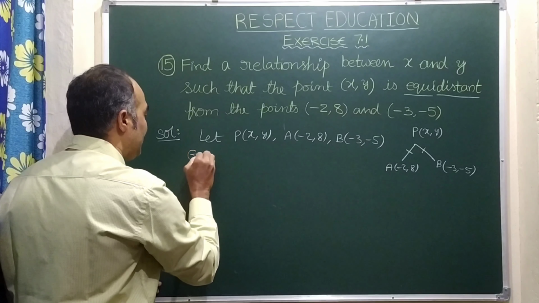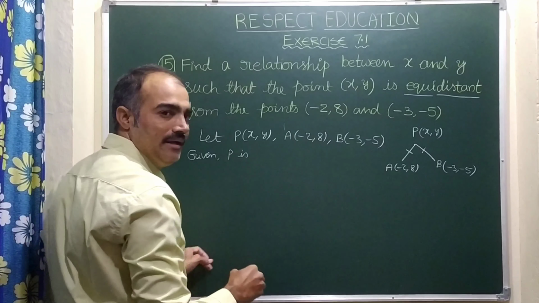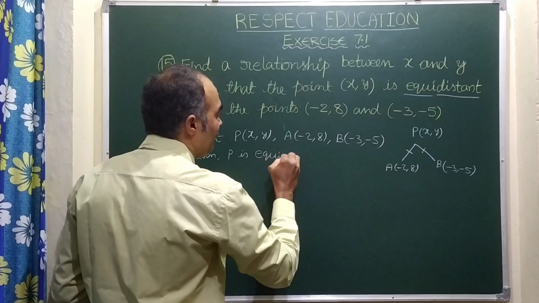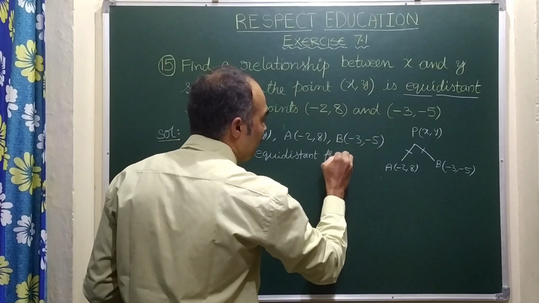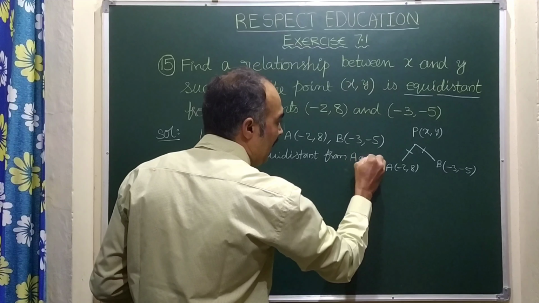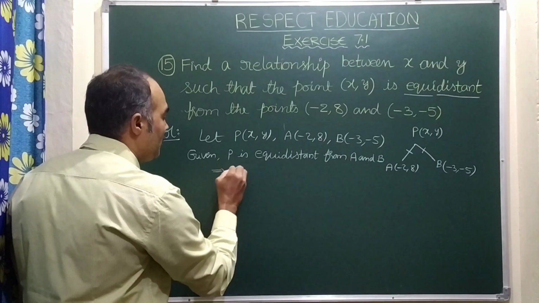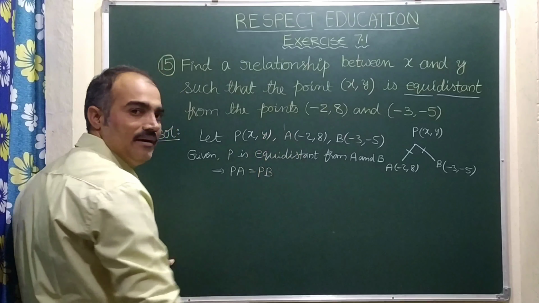So given P is equidistant from A and B. The meaning is that PA is equal to PB, right?